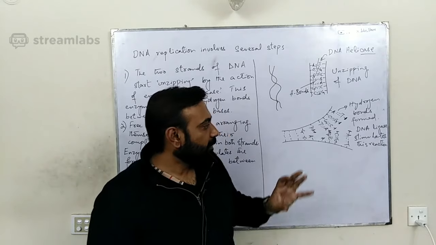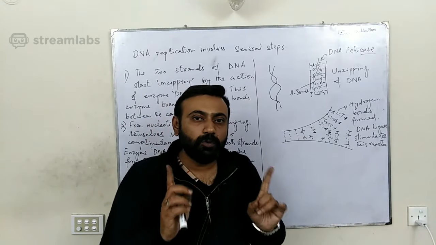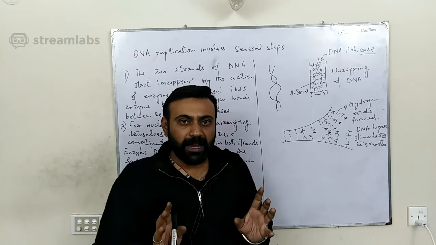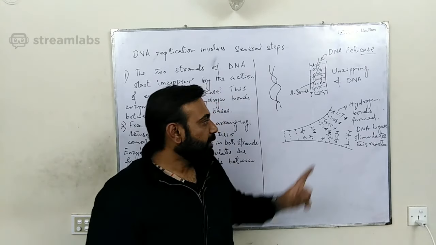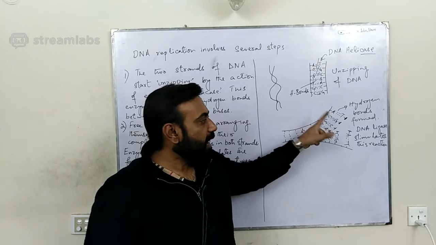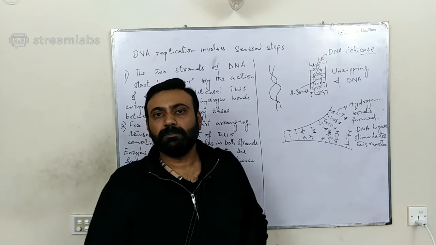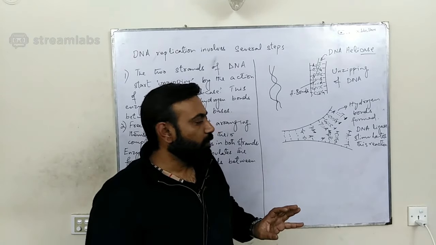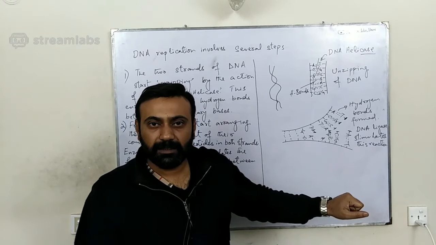But this time, these hydrogen bonds are not formed between the two already existing strands. In fact, these new hydrogen bonds are formed between the old strands and new free nucleotides. That reaction is controlled and sped up by the enzyme known as DNA ligase.